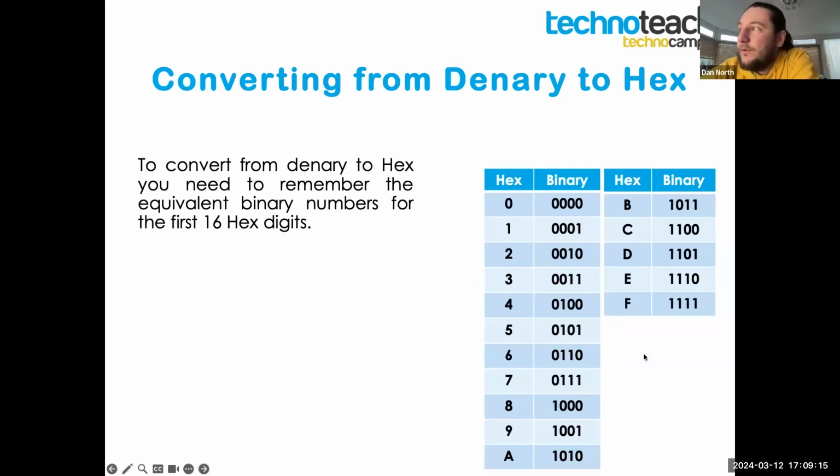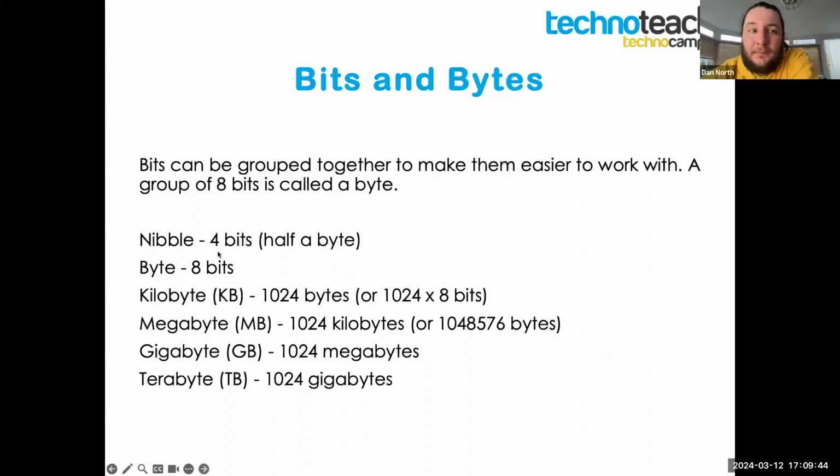But also it just pairs very, very nicely. Okay. The number 10 doesn't pair very nicely with binary because it's 1010. Whereas in hexadecimal, with the number F, we've got a nibble.